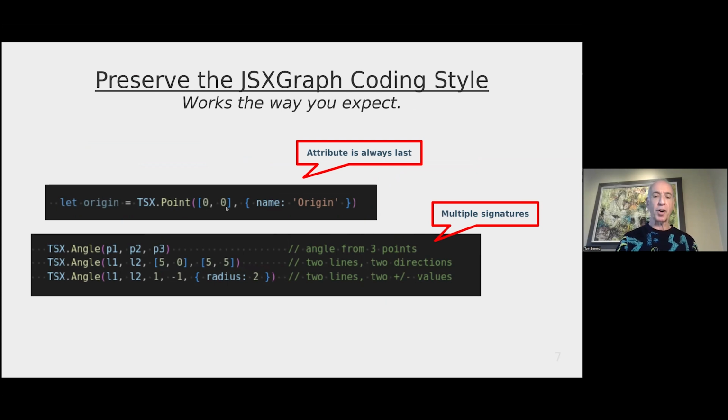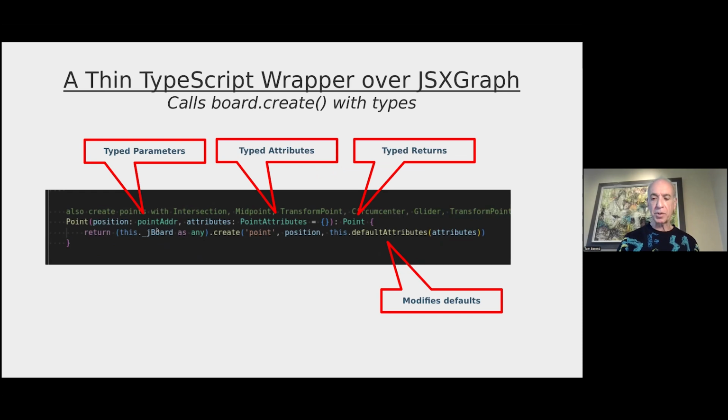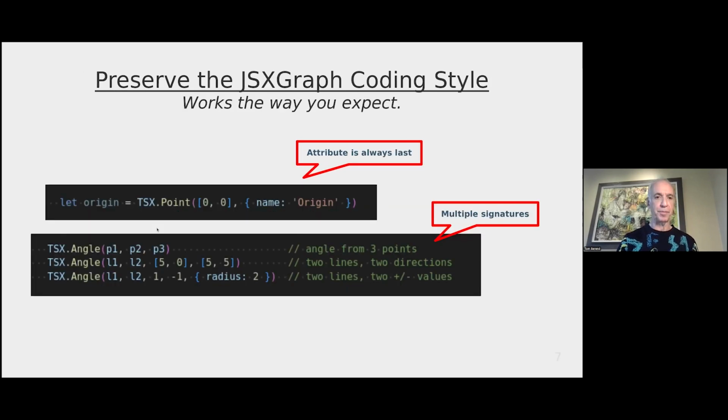It's what I call a point address. In this case, it's just an array of numbers. And then I've got my attributes. Some JSXGraph calls have multiple signatures. I handle them correctly because TypeScript has multiple signatures. But remember, when I say TypeScript, it's exactly JavaScript. The only difference in TypeScript is this thing I showed earlier, where you can put the types in, and it's optional.